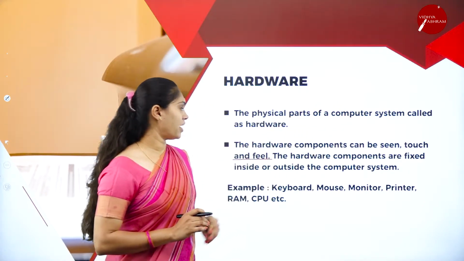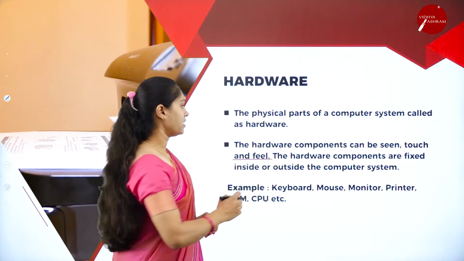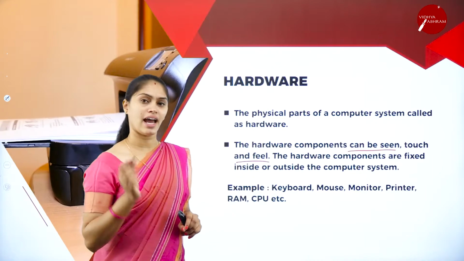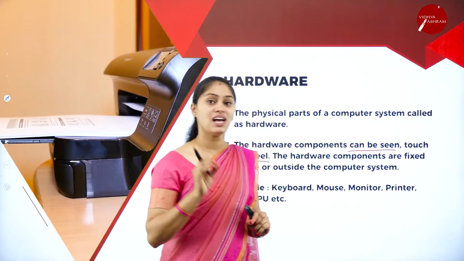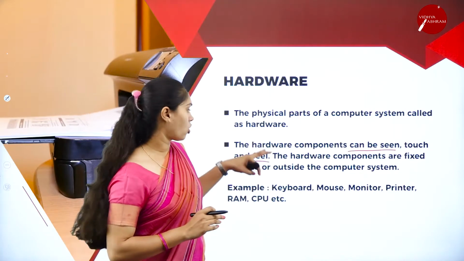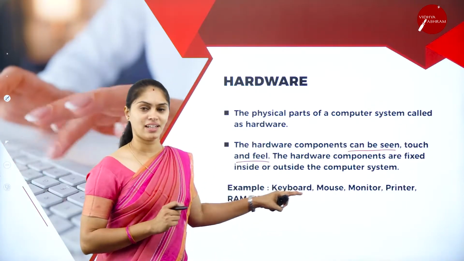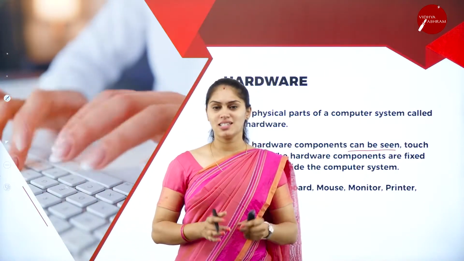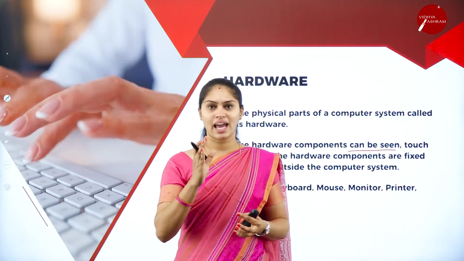I can call that physical component hardware, and hardware components can be seen, touched and felt. Then what are the examples of these hardware components? What are the components that you are able to touch on the computer system? We can touch the mouse, keyboard, scanner, printer, everything.